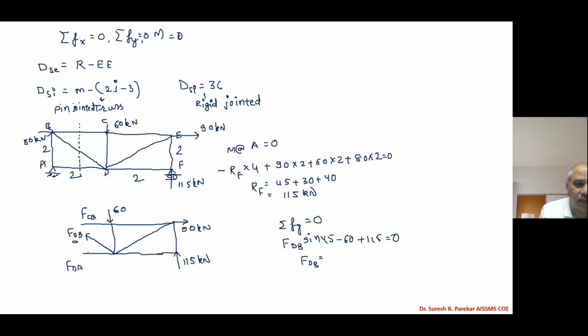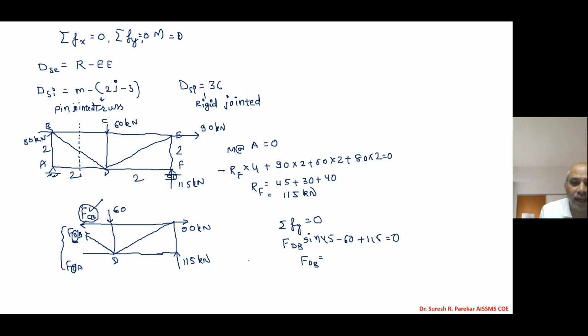Suppose we have to find out FCB. Then what will we take? Now we have 3 members cut. Out of these, 2 members pass through the same point. You have to check which joint is common in both. In these both, joint D is common. So I have to take moment about D, because these are the 2 other members. We have to find FCB.